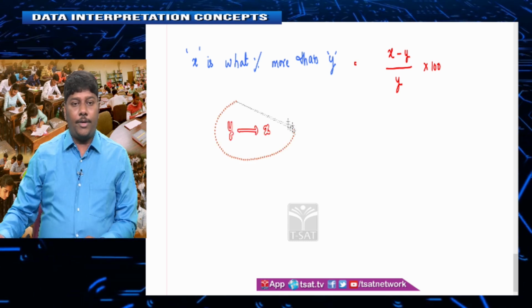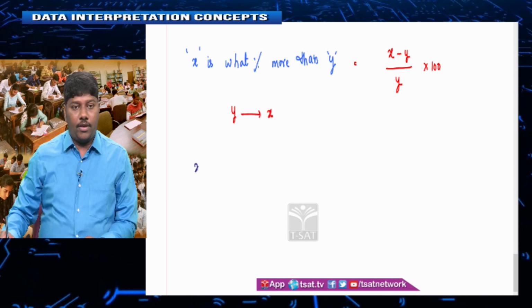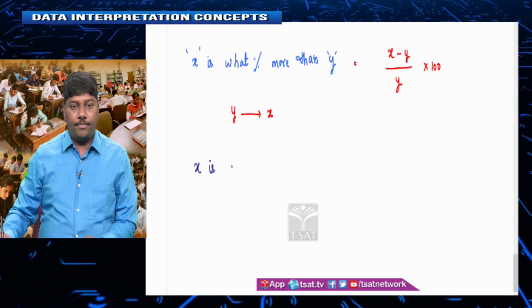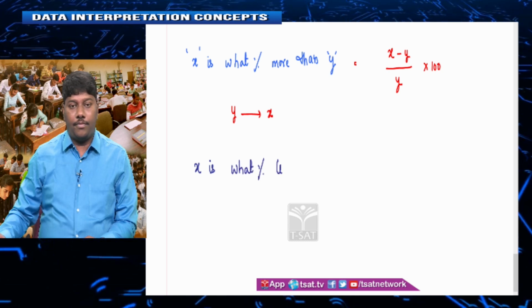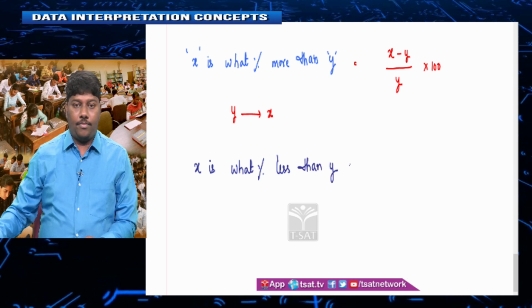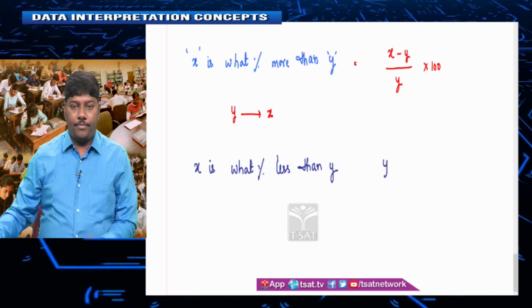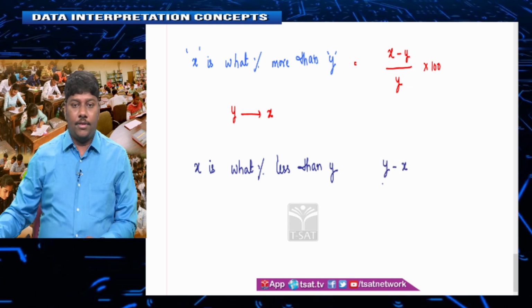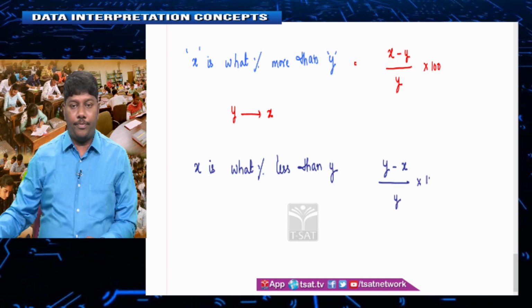If I say X is what percent less than Y, then you can say it is lesser than Y, therefore Y is greater, Y minus X, but again you are comparing it with Y into 100.